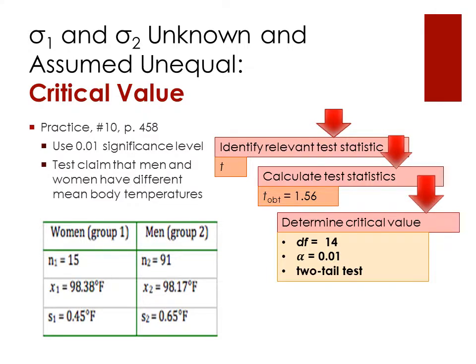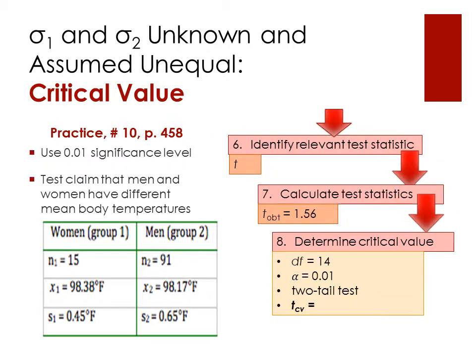Now we're going to take this information and go look this up in the T distribution table to find my T critical value. So you're going to look for degrees of freedom of 14. You're going to work in the chart for the table that's a two-tail test, and you're going to look for the value of 0.01.